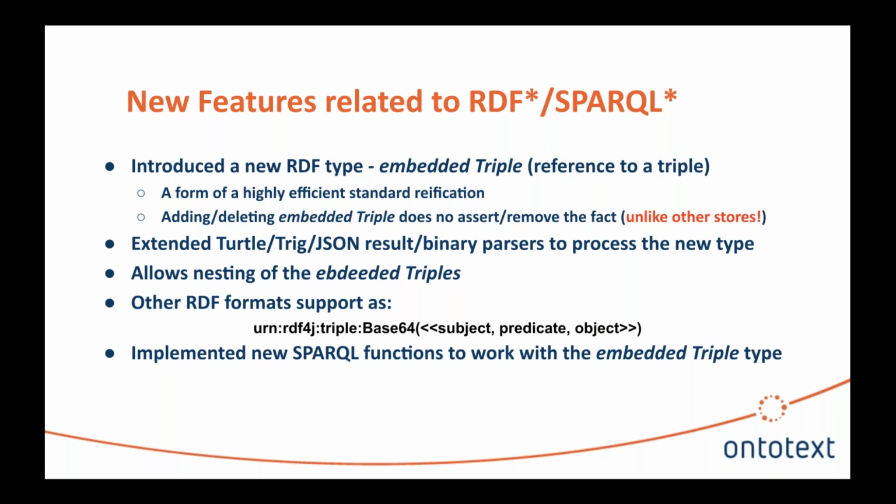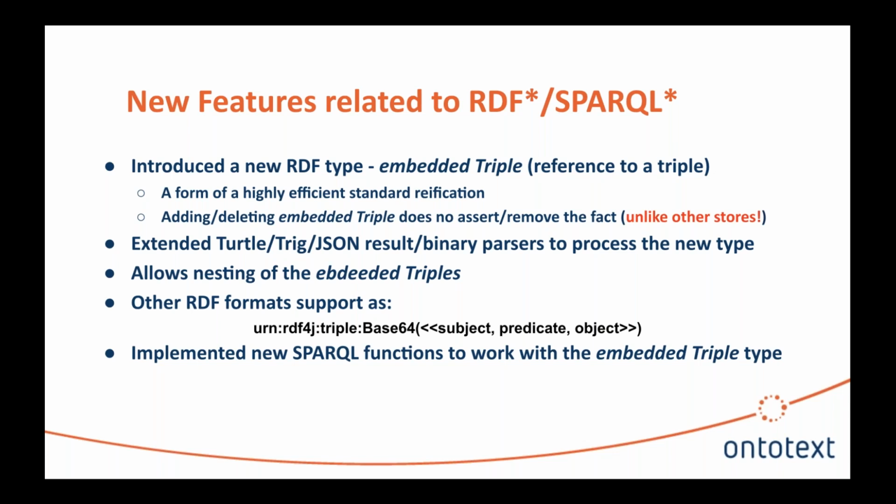And for the serialization formats which do not support this format, the GraphDB server is going to encode the embedded triples using the schema urn:rdf4j:triple, and there will be a base64 serialization of the value subject, predicate, and object, to allow for older clients who don't know what an embedded triple is to still work and to see this as a statement. Okay, it's rather strange, but this will not break the older clients from reading this information.